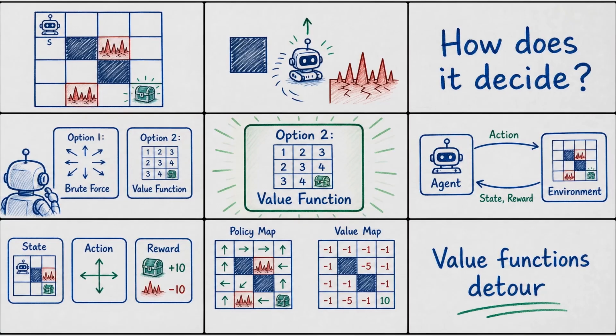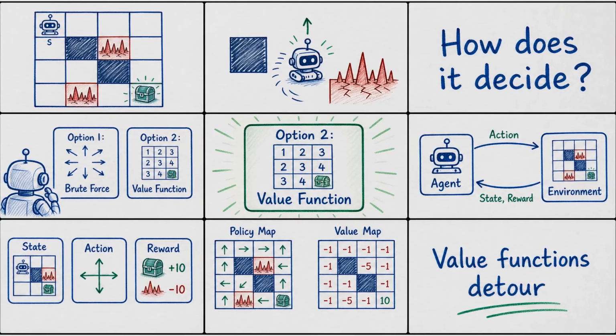Option 1. Brute force. Try every possible path, score them all, pick the best. That works here, 4x4 grid, sure, but scale that up to 1,000 states, 1,000,000, brute force collapses. Option 2. Give every state a number. A single number that answers the question, how good is it to be here?